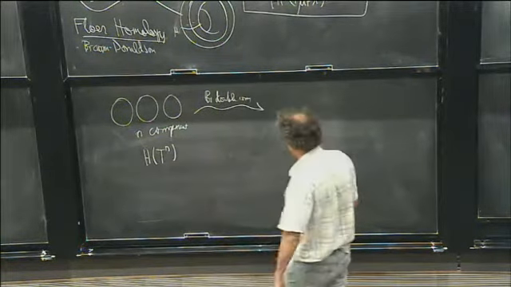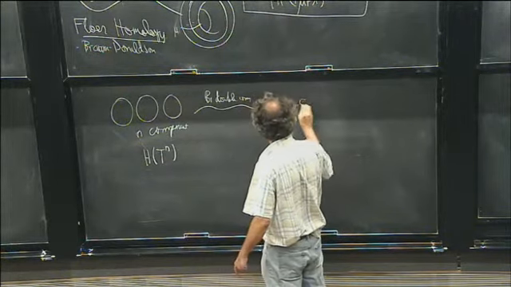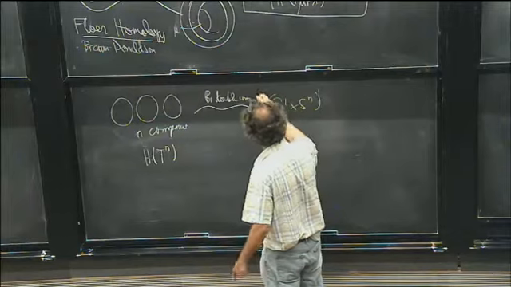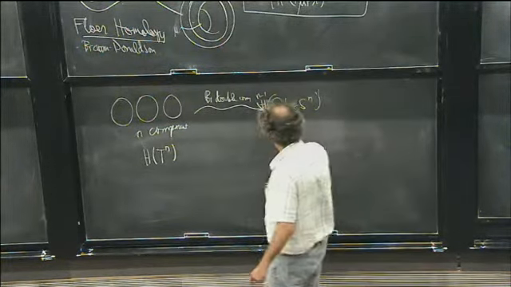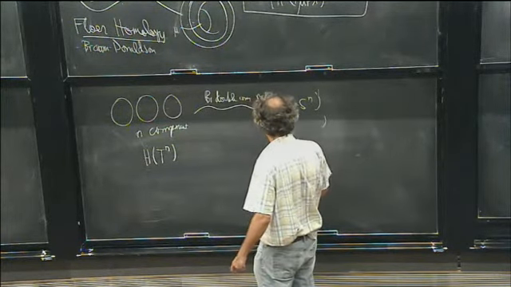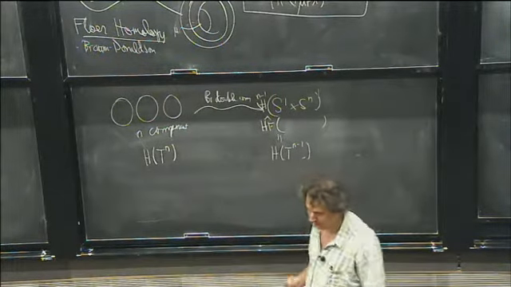Well, here's a fun exercise in topology. This is just S1 times S2, connect summed with itself n minus one times. And the Heegaard Floer homology, HF hat of that, is the homology of the n minus one dimensional torus. So we're off by one torus factor.